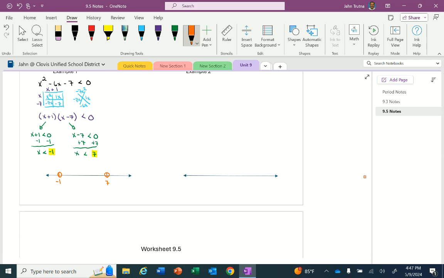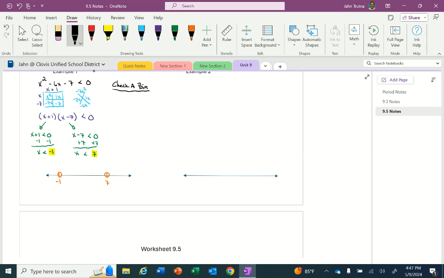All right, now what I have to do is check a point. Okay, so I'm going to check a point. Now, here is the point that you're going to check. The point that you're going to check will always be a number that's in between your two dots.